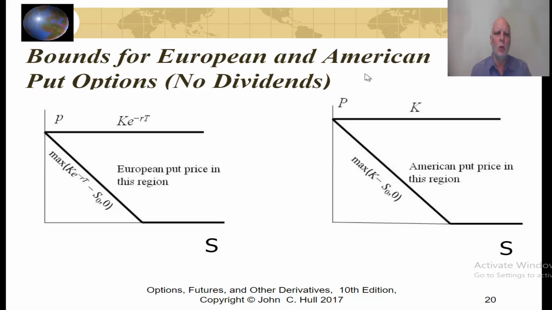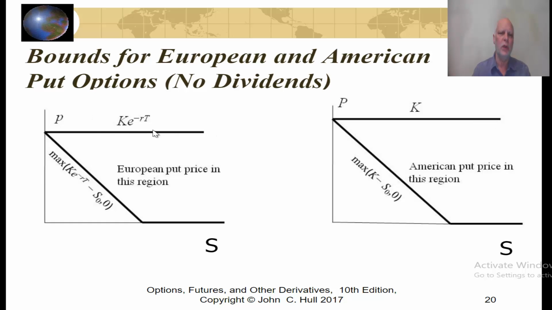What about upper and lower bounds for European and American put options? Unlike the call options, which are the same, the put options will be different. There can be incentives, as we noted, to exercise a put early, so the American put will be worth more than the European put. On the day of expiration, if the stock price goes to 0, then the value of the put would be the strike price, K, so that has to be the maximum value of the put.